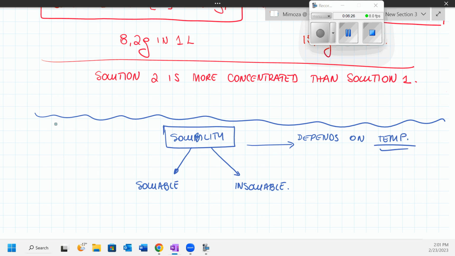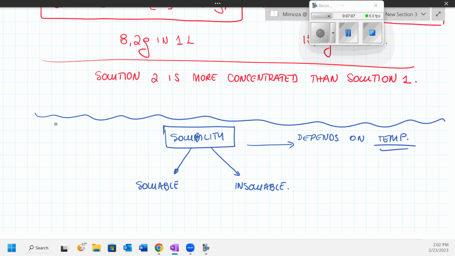Example: if you have a glass of water that is close to 0 degrees, close to being ice, and a glass of water that is boiling, and then you put 1 spoon of salt or sugar, you will see that the sugar will dissolve faster in the glass of water that is close to boiling than in the glass of water that is close to 0 degrees.